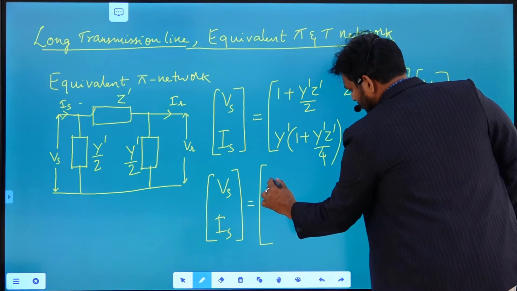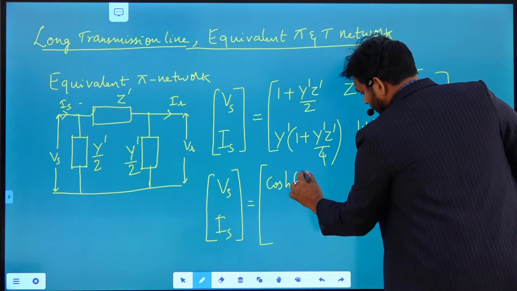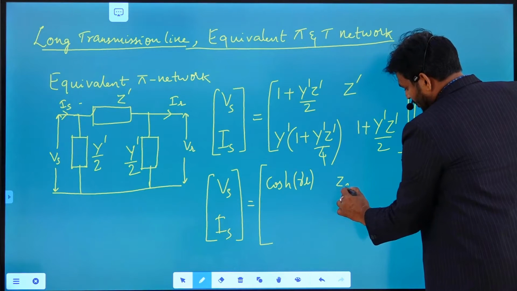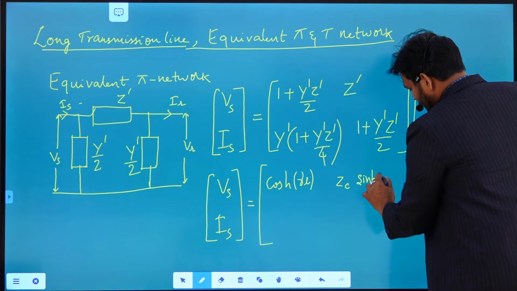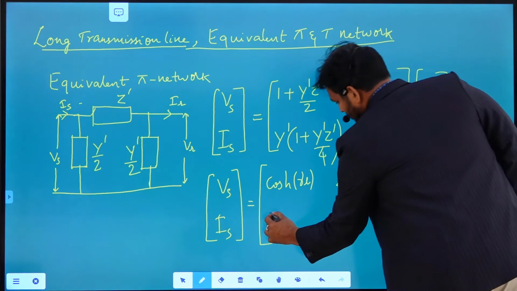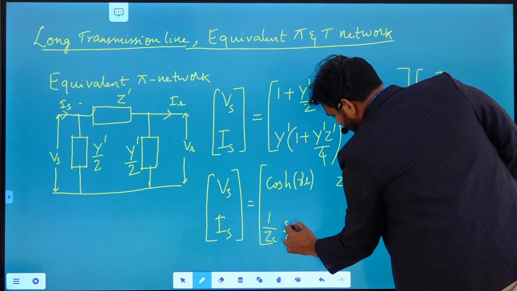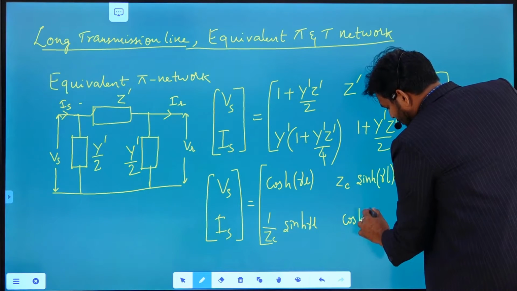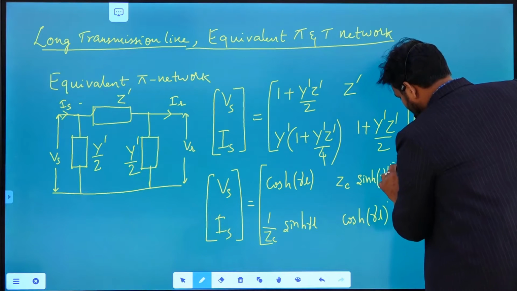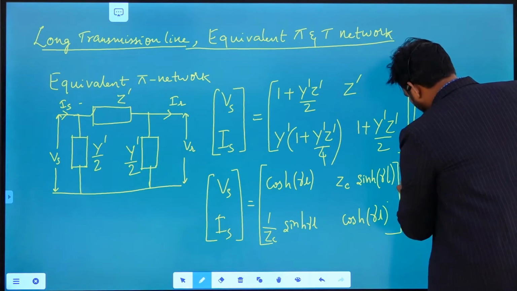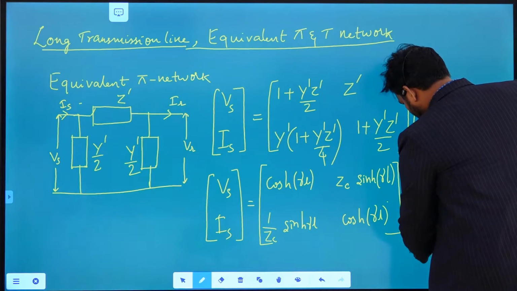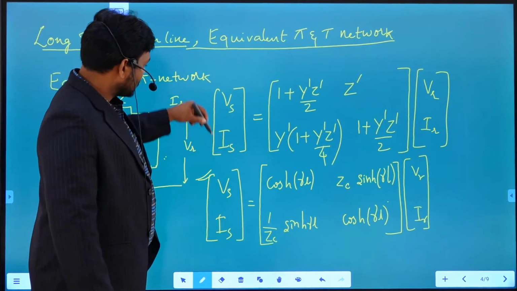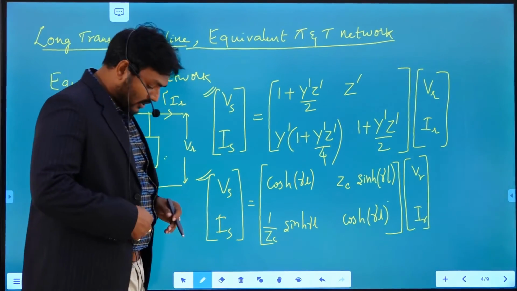A is given as cosh of gamma L, B is Zc into sinh of gamma L, C is 1 upon Zc sinh of gamma L, and D is the same as A, that is cosh of gamma L, multiplied by VR and IR. So this is the exact representation, and this is the equivalent pi network.